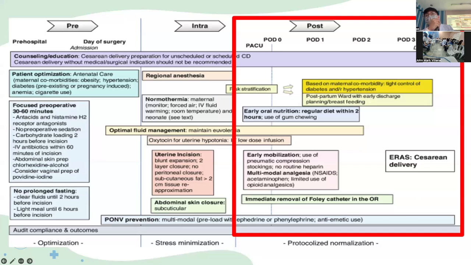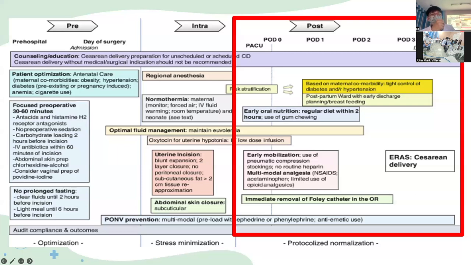Opo, regional anesthesia. Either po, ma'am. Opo. No po, sir. Case to case basis.